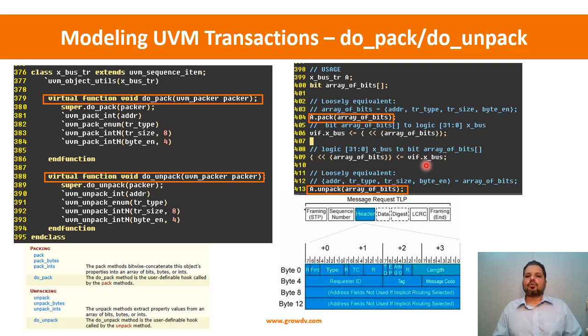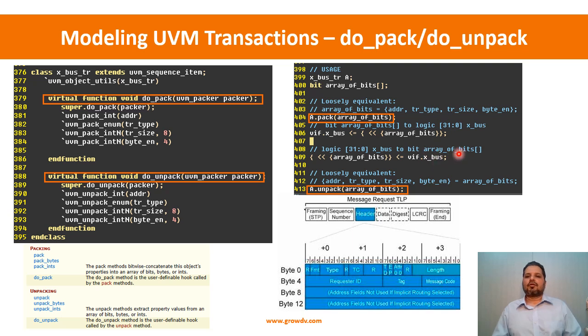Similarly, if I want to unpack it, and let's say I'm receiving it from a bus which is of the type logic, a packed array, I can take it and put it into an unpacked array of bits. Typically, as we know, in the test bench we always operate on the unpacked arrays because of the flexibility that they provide. And then we have an unpacking operator over here.